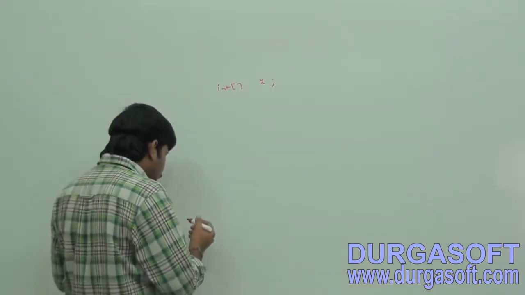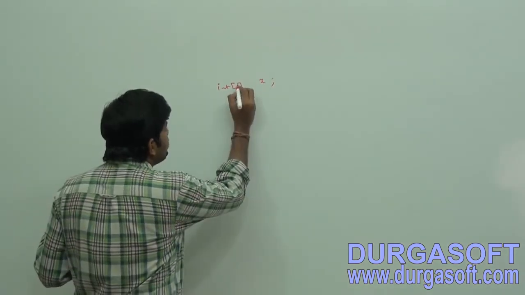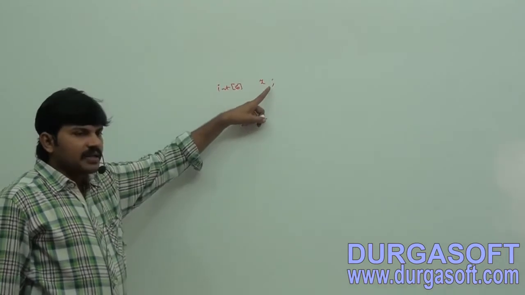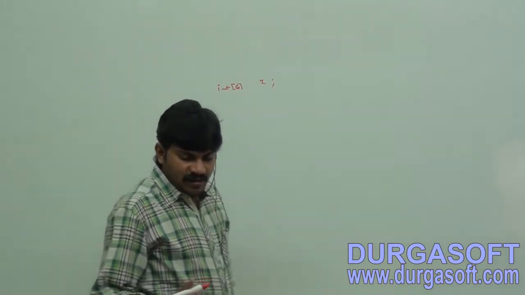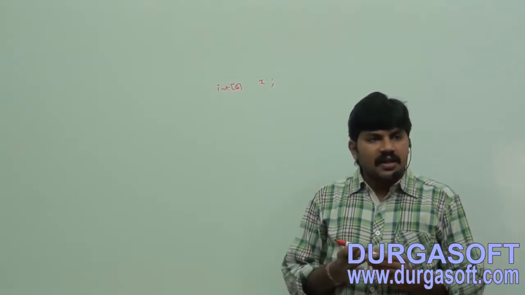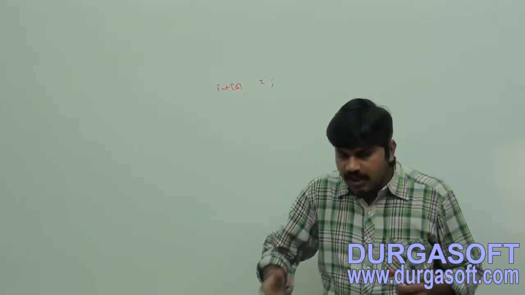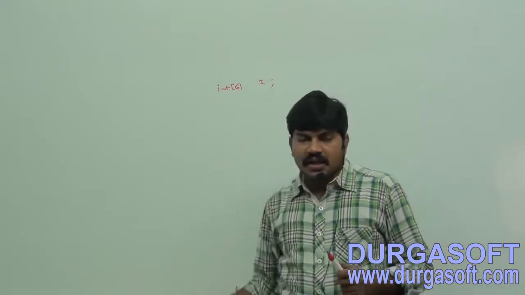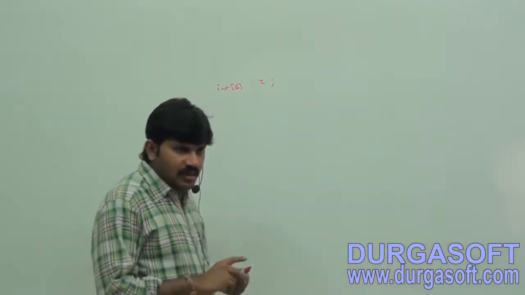Now I want to declare an array with the size 6. Int array of 6 followed by x. Can you tell is it valid or not? I am declaring an array for 6 int values in this style. Acceptable or not?